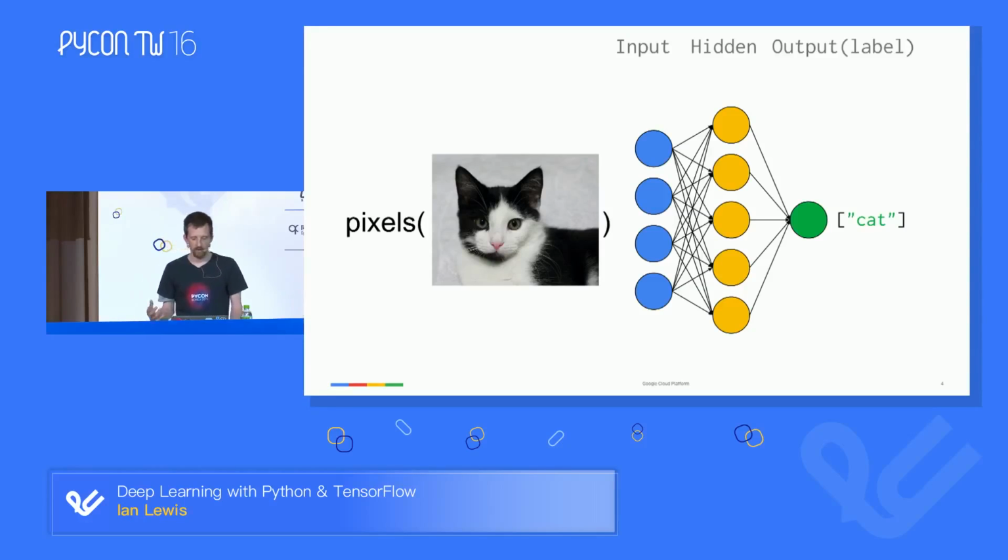Neural networks are typically designed in layers. You give the pixels of this particular cat image to the neural network, and each of those pixels might represent an input value. These yellow layers are called hidden layers inside of a neural network. The blue is the input layer, and the yellow one is a hidden layer, which is the internal part of the neural network.